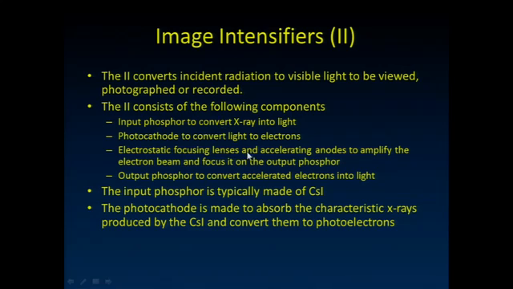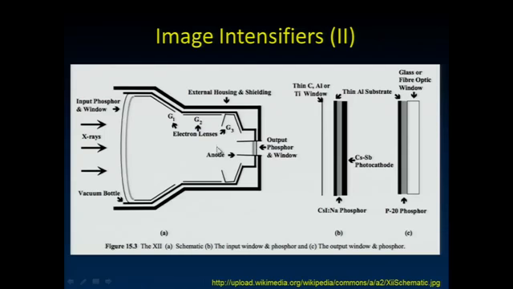Those focusing lenses and accelerating anodes basically amplified the signal, and those electrons then hit the output phosphor and converted the flow of electrons back into a visible image, back into electromagnetic radiation. Here's the picture: X-rays came in. The material here was responsible for converting X-rays to light.